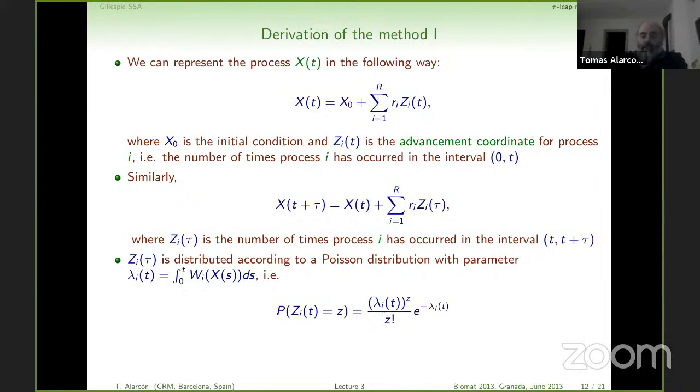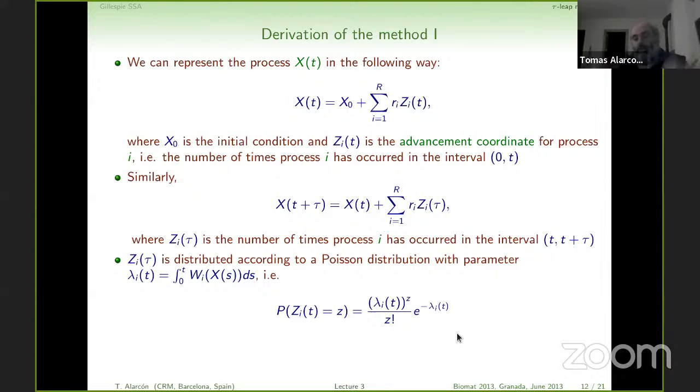That's because it's a very well-known result in probability theory that if you have a system with an exponentially distributed waiting time, and you fix some time interval and count how many events have occurred in that interval, that is going to be given by a Poisson distribution.